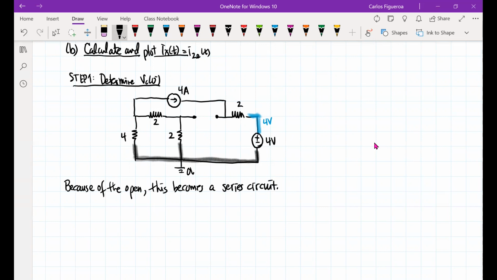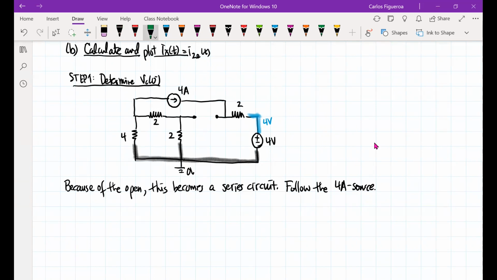I could use node, I could use mesh if I wanted to, but what I'm going to do here is follow the 4 amp source. Okay, so let's look at that source.